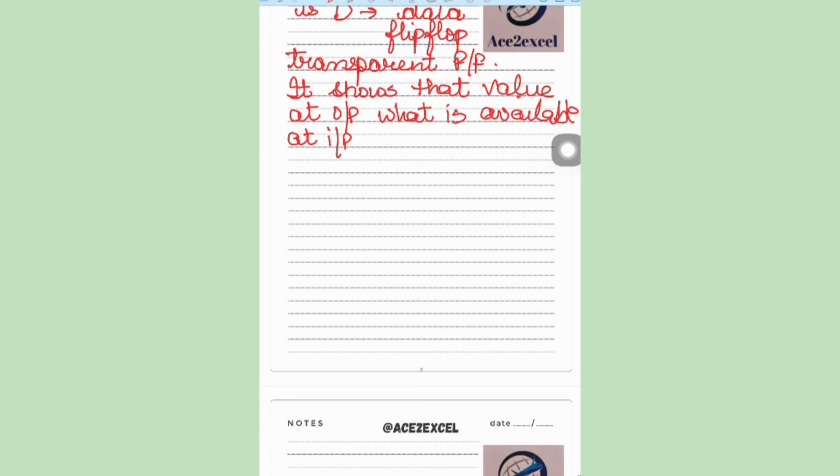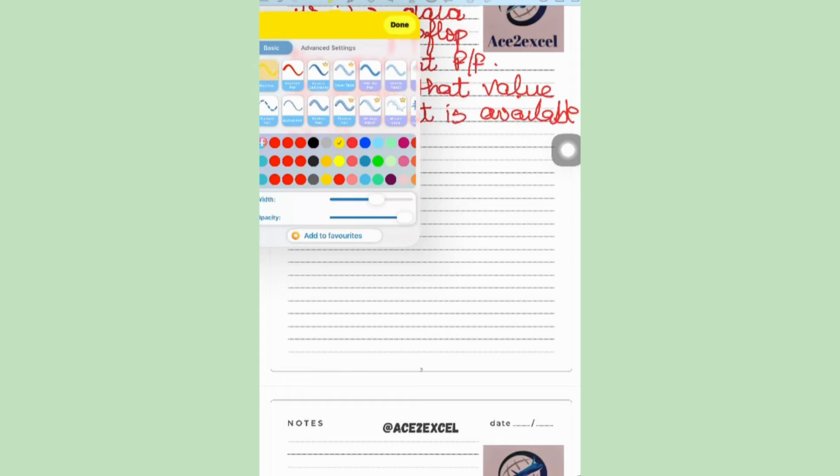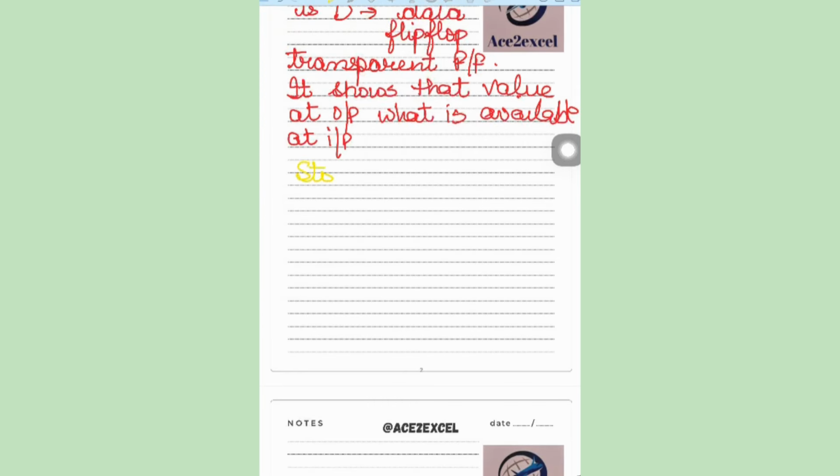Now, storage of data can be done in multiple ways, like in the way input and output is done, or depending upon its application.